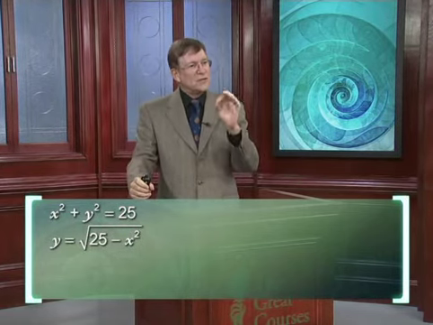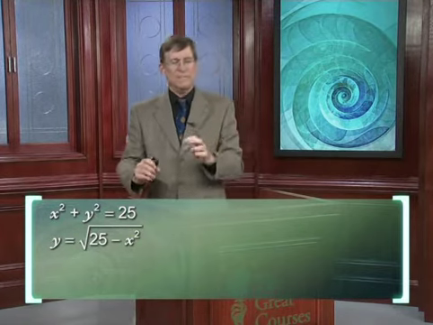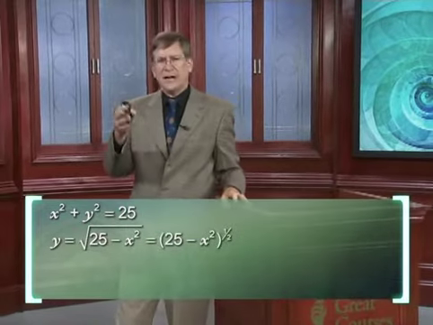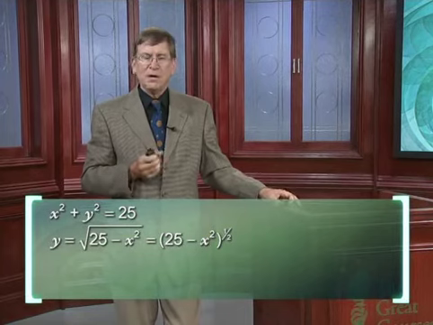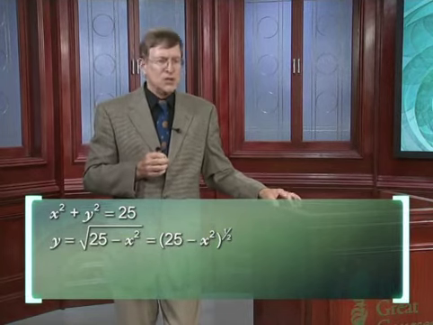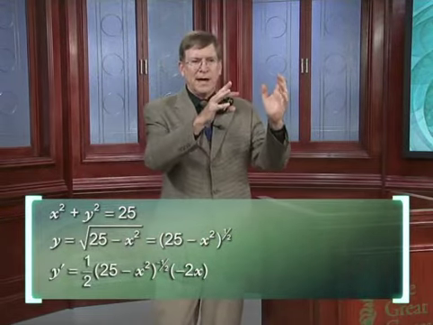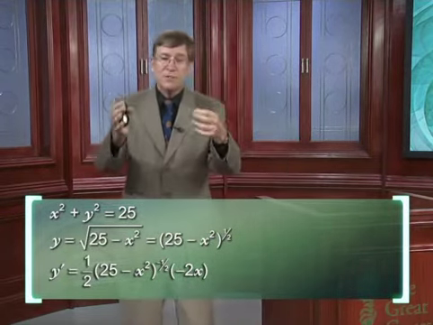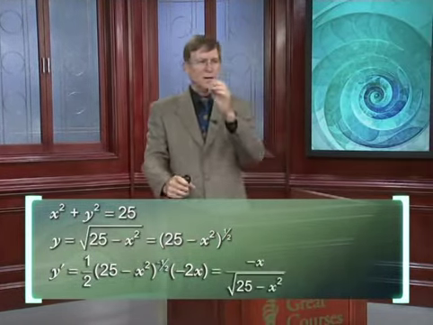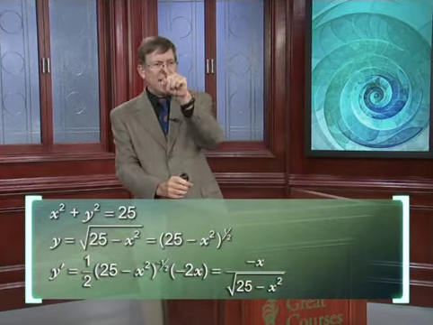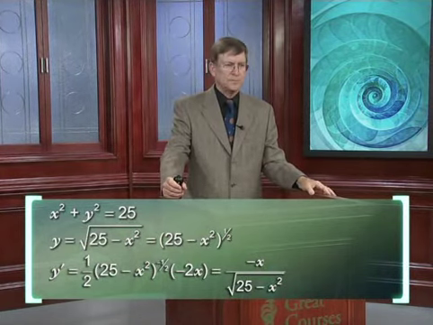So I want to find the slope, so I'm going to have to differentiate this function, square root of 25 minus x squared. So I write it as an exponent, 25 minus x squared all to the 1/2 power, and I use our old friend, the chain rule. 1/2, 25 minus x squared to the minus 1/2 times the inside derivative, which is minus 2x, and then I simplify this and get the 2's to cancel, and it's minus x over the square root of 25 minus x squared.